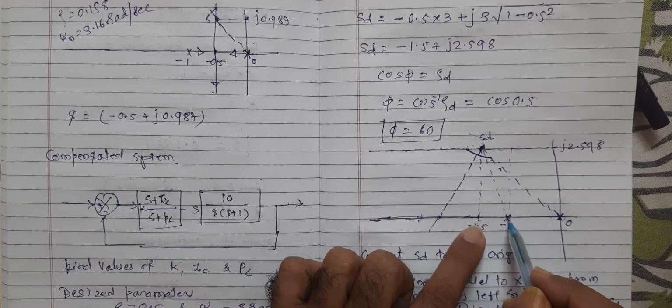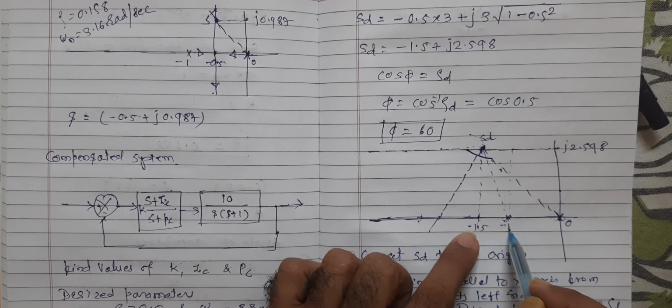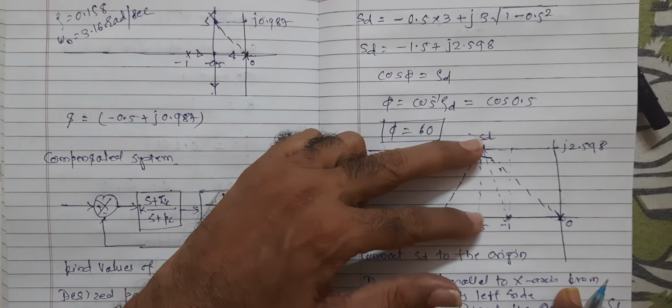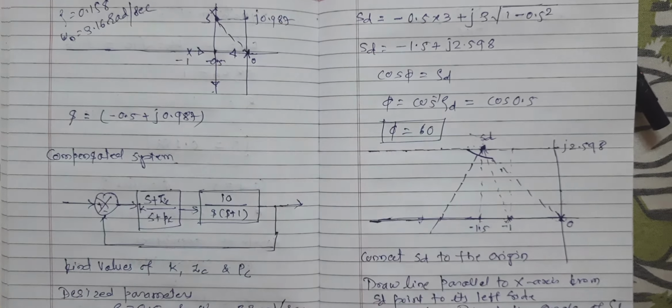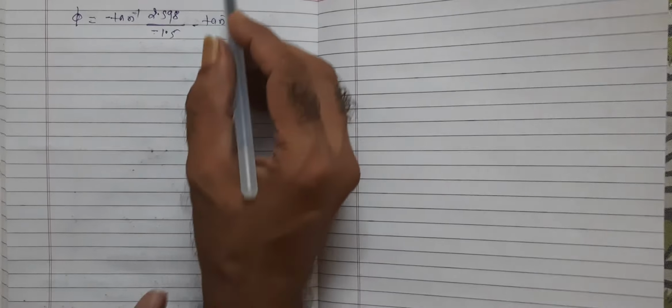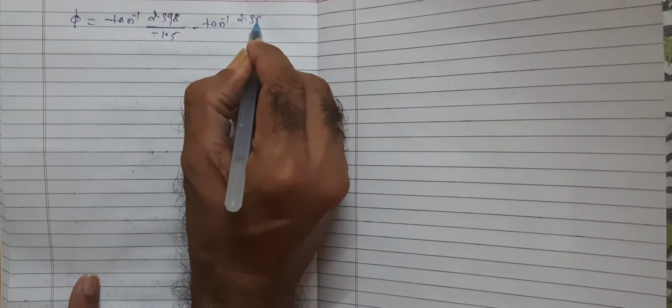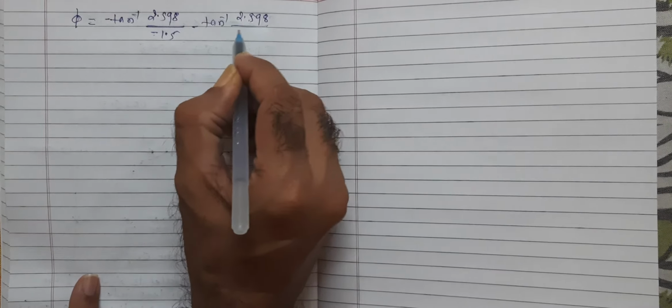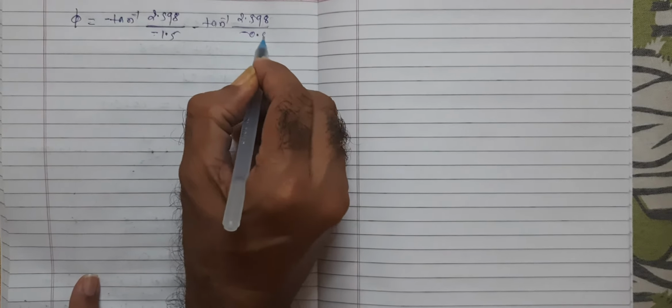This distance is 1.5 minus 1, that is 0.5, and this distance equals 2.598. So if we take the tan of this, it becomes 2.598 divided by -0.5, because 1.5 minus 1 becomes -0.5. So we get this value.